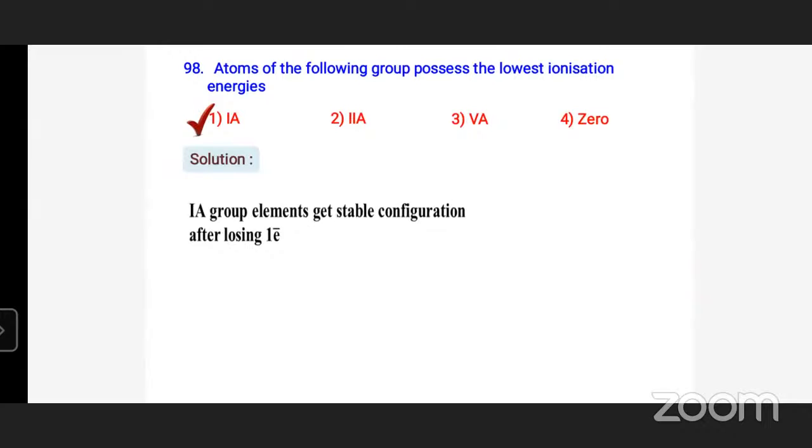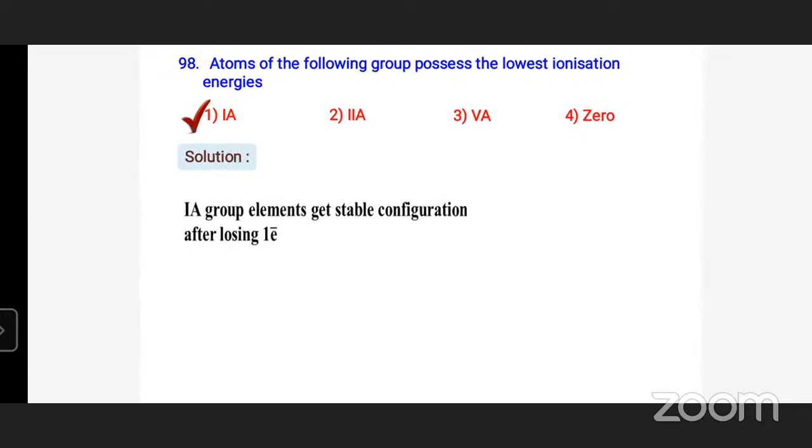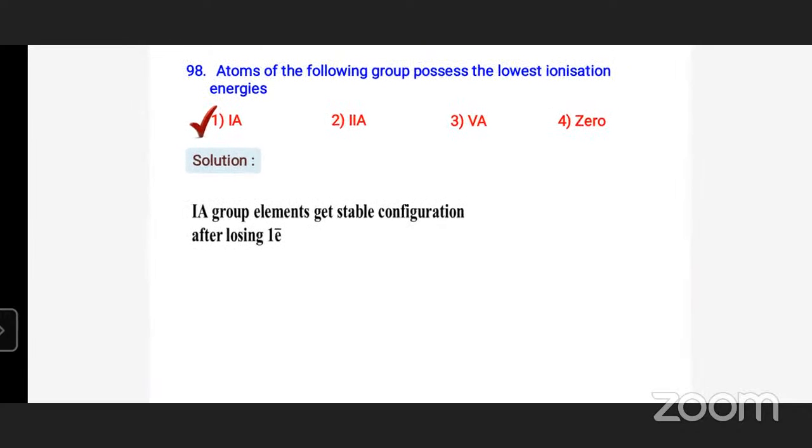Second A group, by losing two electrons. Fifth A group, by gaining three electrons. So with loss of one electron, the lowest ionization energy is of the first A group element.